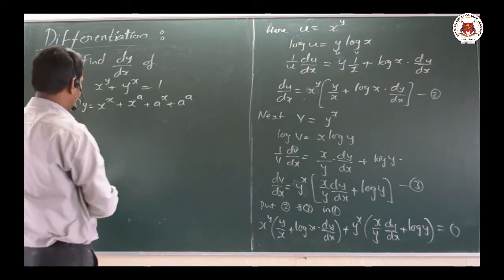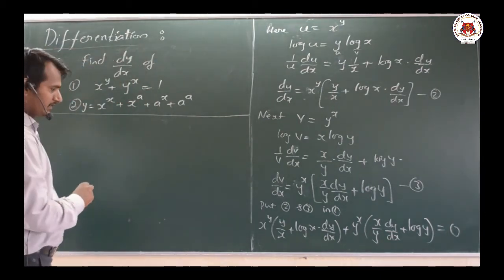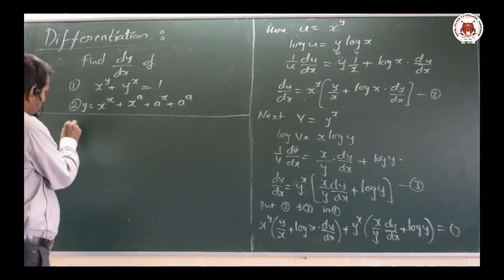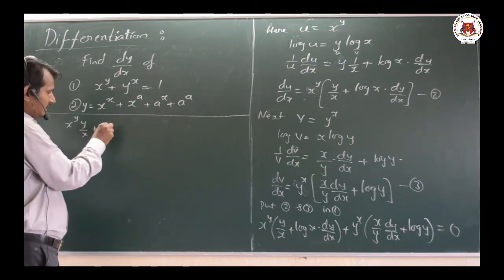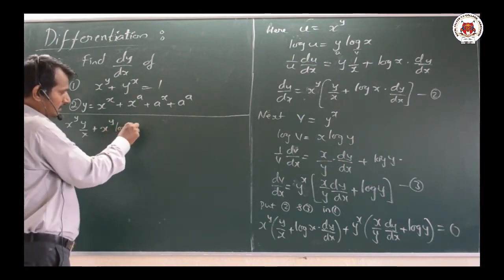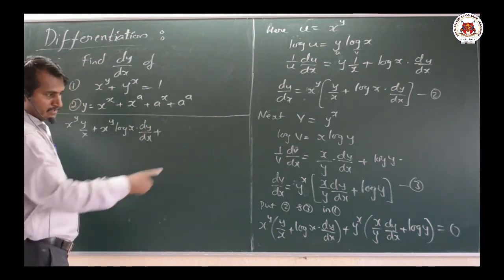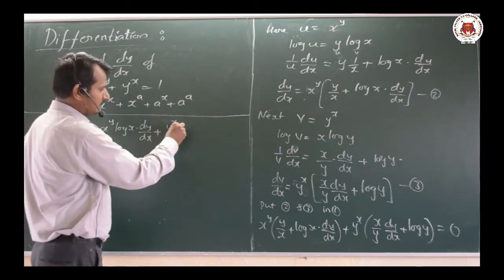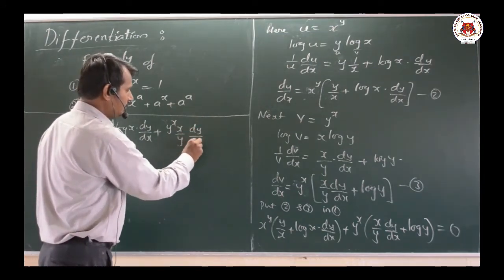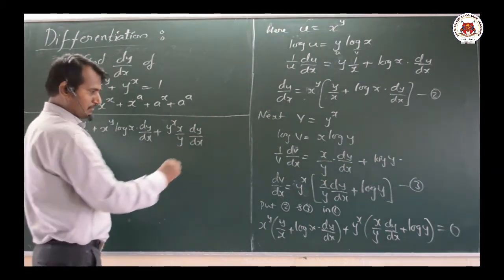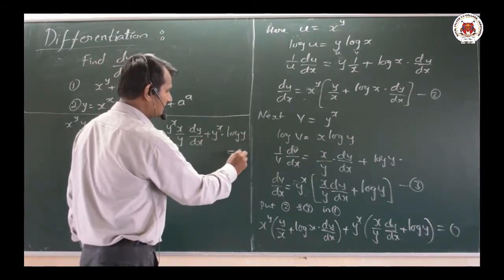So what we get here is x raised to y into y by x, plus x raised to y log x into dy by dx, plus y raised to x into x by y into dy by dx, plus y raised to x into log y, equal to 0.